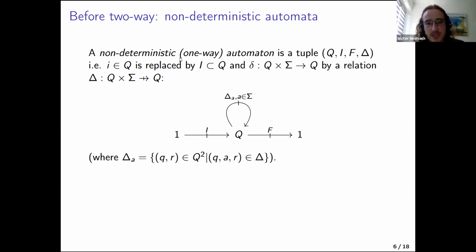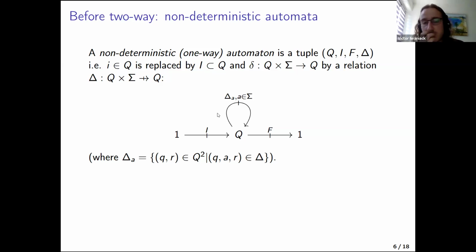And the difference is basically you have almost a deterministic automaton, but instead of a single initial state, you have several or none, so a subset of initial states. And your transition function is replaced by a transition relation, basically.